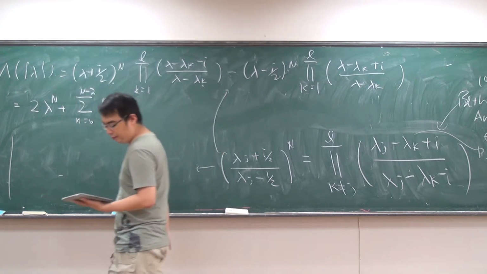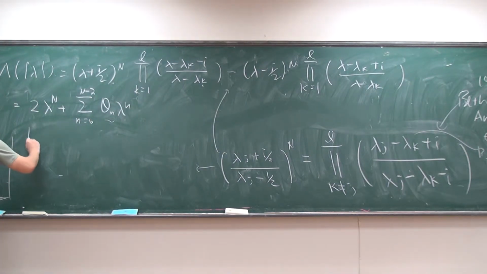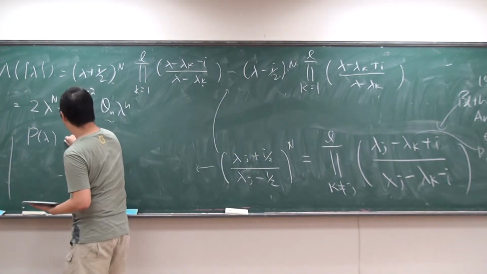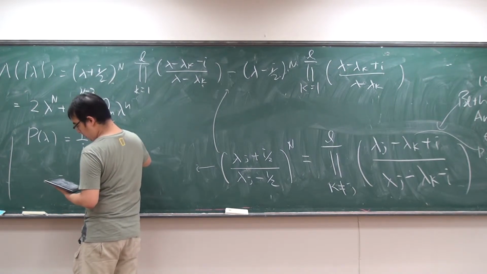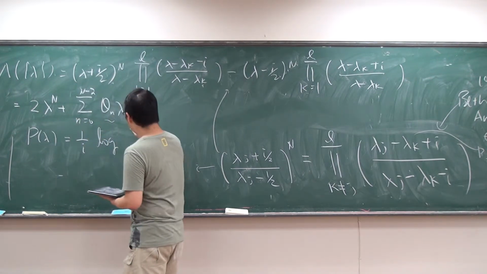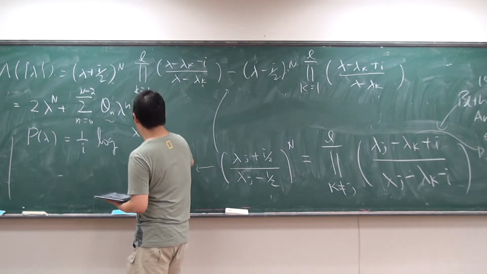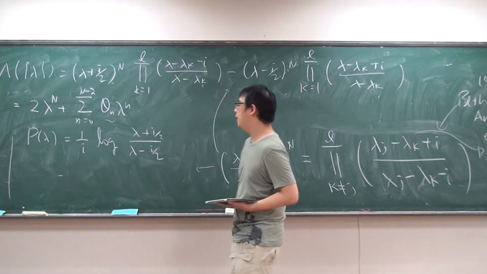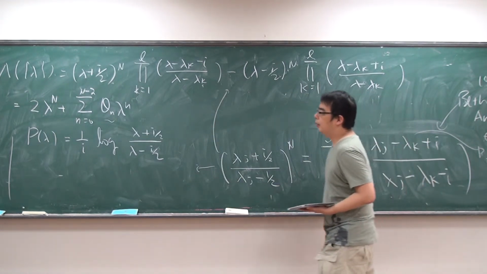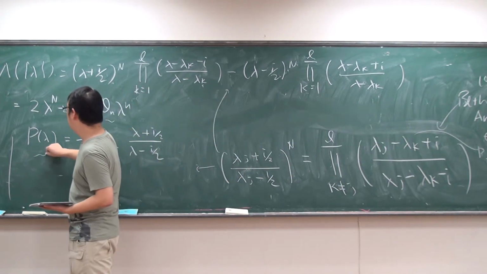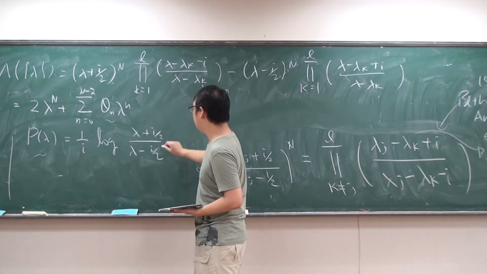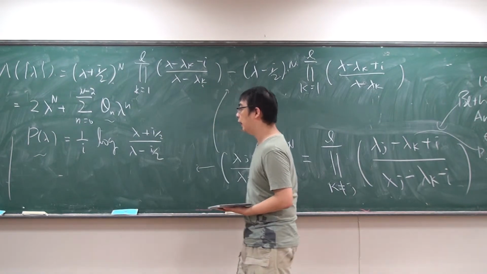I don't have time to talk about it, but let me refer you to the notes, where later, when I talk about energy and momentum, they can show quite explicitly that by using the definition of a momentum operator I talked about earlier, the momentum eigenvalue for an individual excitation is precisely given by this expression as a function of lambda.